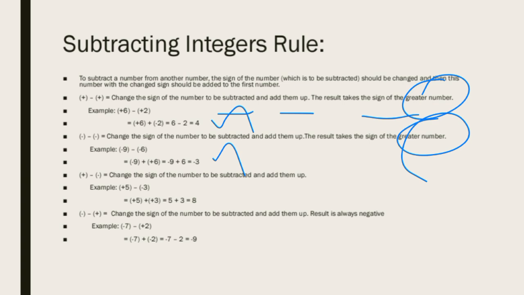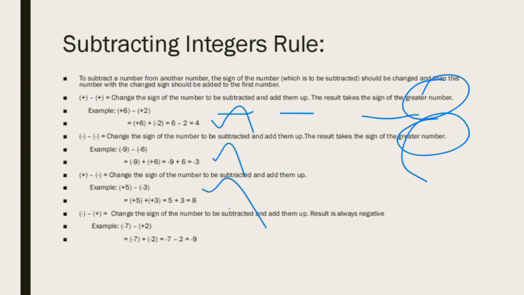Positive integer minus negative integer: change the sign of the number to be subtracted and add them up. For example, plus 5 minus minus 3 is plus 5 plus 3, which is equal to 8.